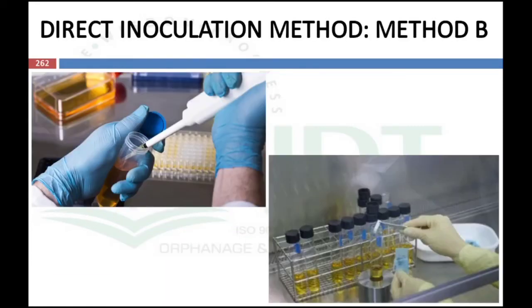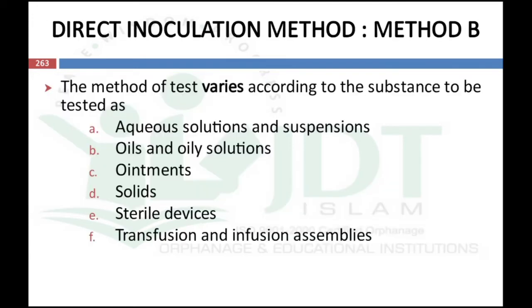So by using a micropipette we can directly inoculate the test solution into the culture media. That is the direct inoculation method, and this method can vary according to the substance to be tested, like aqueous solutions and suspensions, oils and oily solutions, ointments, solids, sterile devices, and transfusion and infusion assemblies.